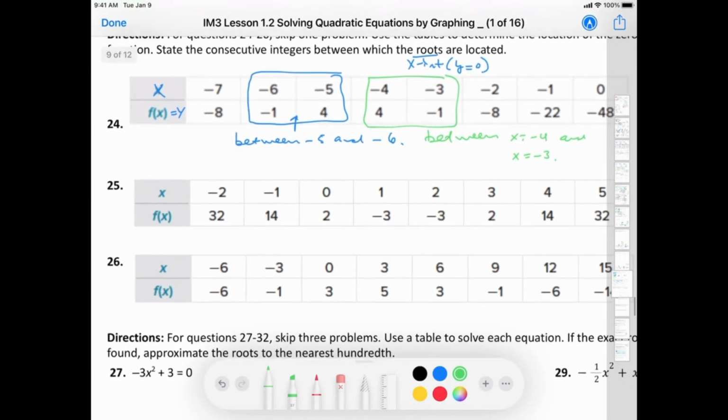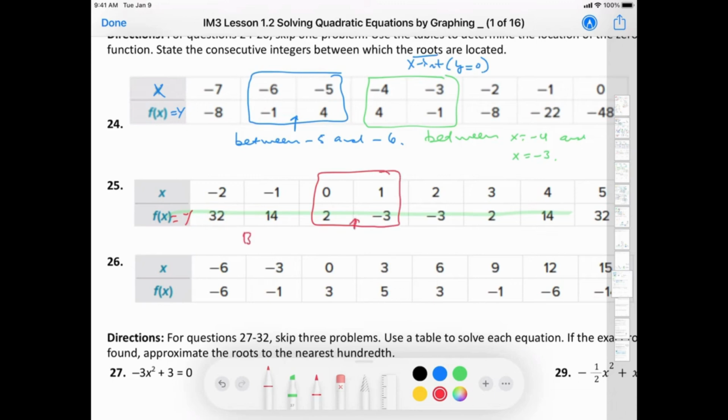Okay, let's try question number 25. Again, ignore the x's, but locate the f of x or the y-axis. Basically focus on the second one down here. And anything between a positive and negative, so I can see right there. So 0 should be right there.